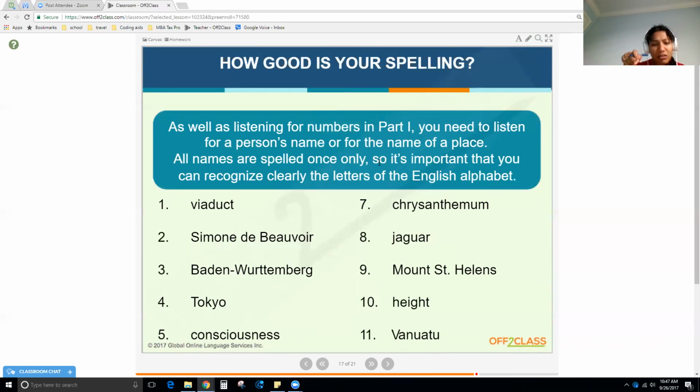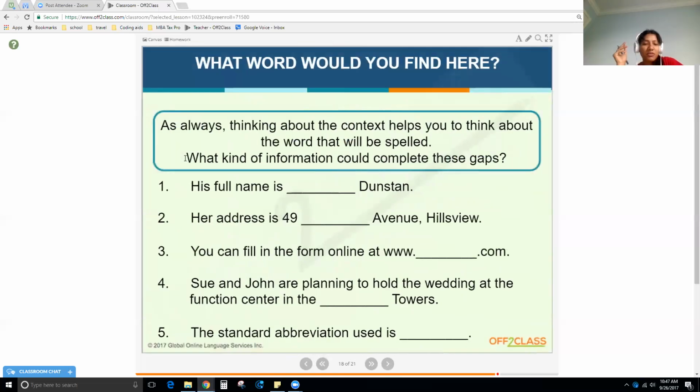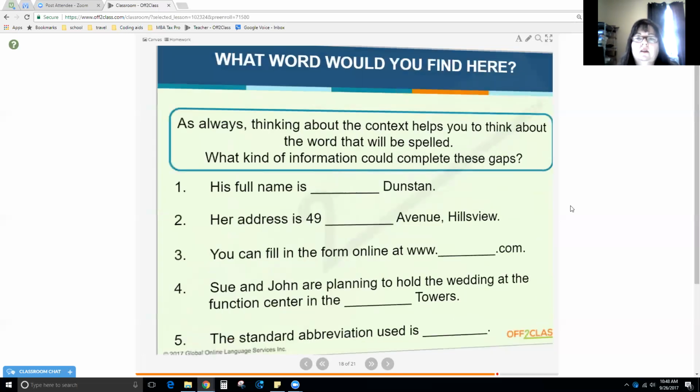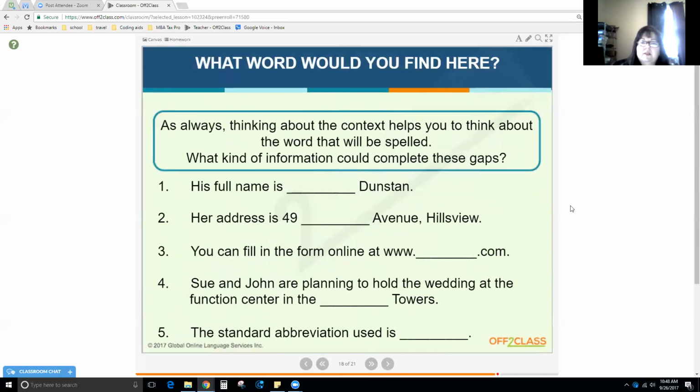And Vanuatu, I think it's also the name of a place. Yes, Vanuatu is an island in the South Pacific. And jaguar is the name of an animal. An animal, yeah. I think it's not really a formal name though. It's just an animal. As always, thinking about the context helps you think about the word that will be spelled.